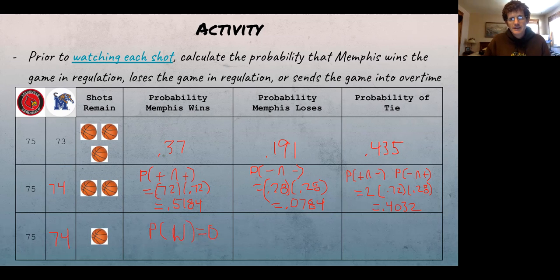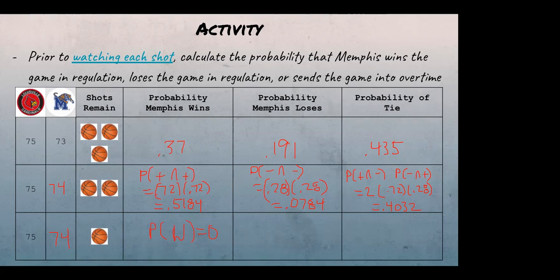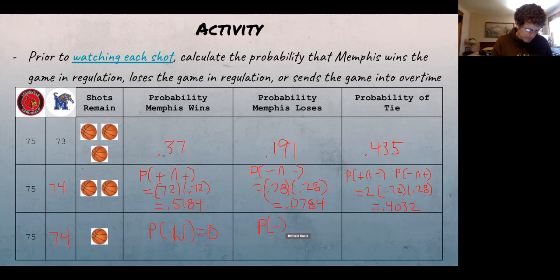The probability that they lose, well, this one's really easy to figure out. There's one free throw left. What's the probability that they lose the game? 0.28. It's just the probability that he misses once, which is 0.28. So that means the probability that they tie is 0.72.